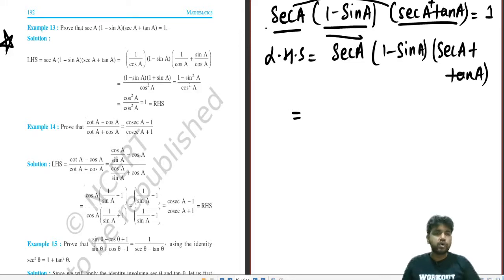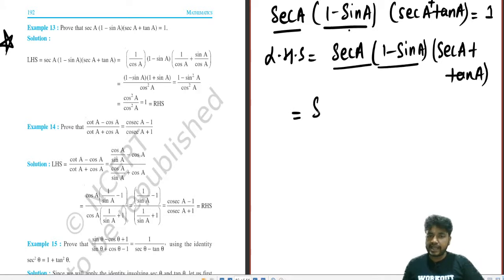Rather than that, if you look into it, the third term, sec A plus tan A, looks like a complete package, but this and this term look incomplete to me. So what we'll do, we'll put this sec A into this part. So we'll be multiplying basically this and this. We'll not be dealing with the others. We will multiply this and this.